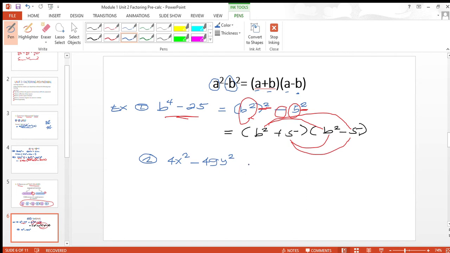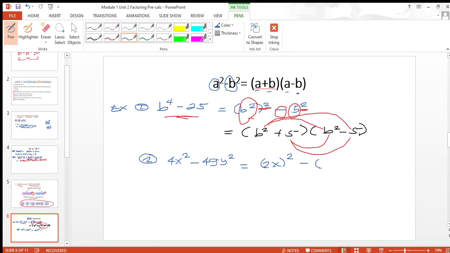So if you would like to express this as first term squared minus second term squared, then if you will look at 4x squared, that's the same as 2x, the quantity squared. So you need here your index laws. So 4x squared is just the same as 2x, the quantity squared. That's 2 squared is 4, x squared is x squared.